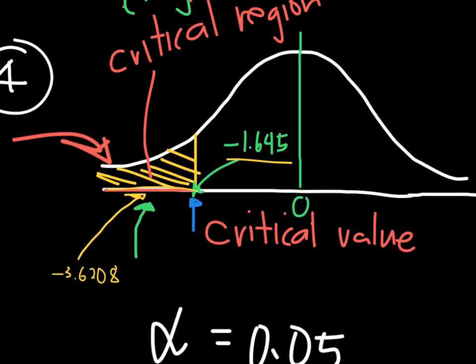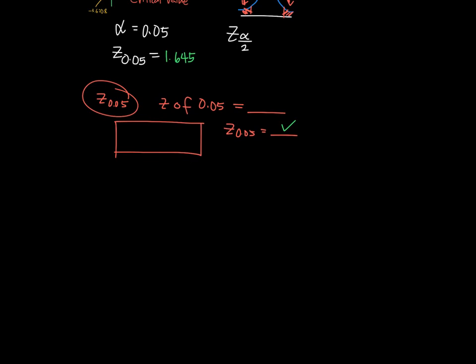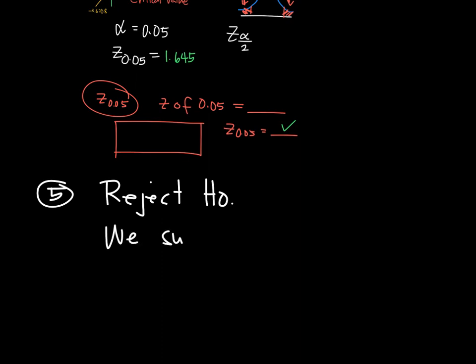That means our decision must be, because the number falls under the critical region, the region of rejection, the conclusion is reject H0.